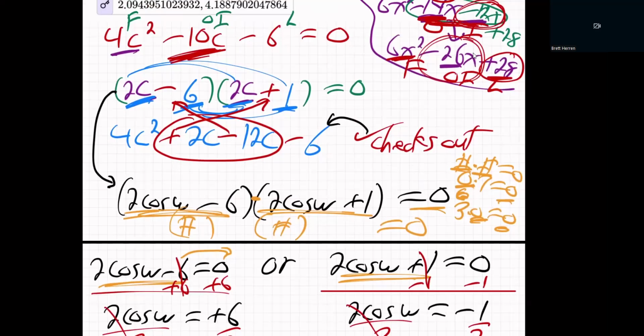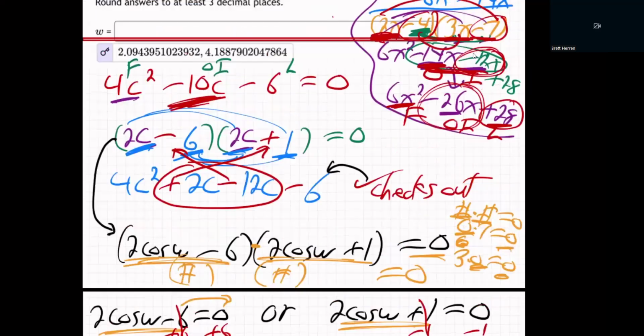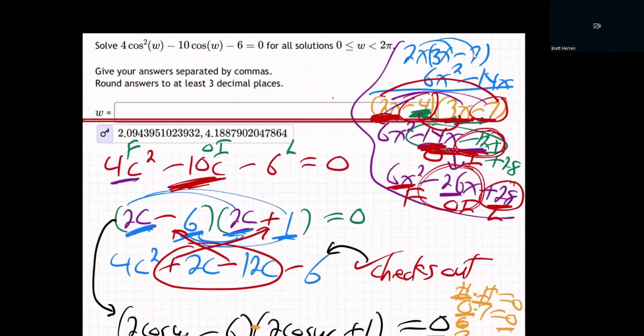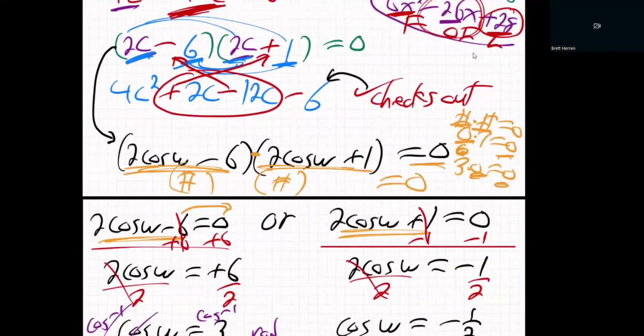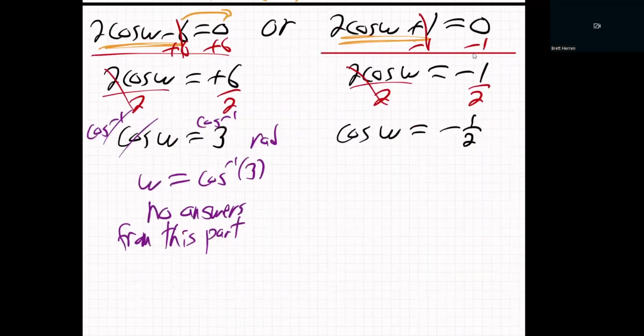All right, good there. And now, how do we finish this up? Well, where is cosine negative? That's on the unit circle, isn't it? Where is cosine -0.5?